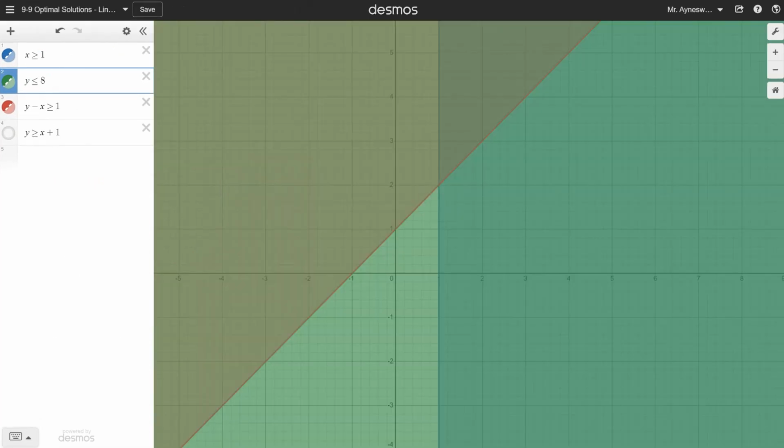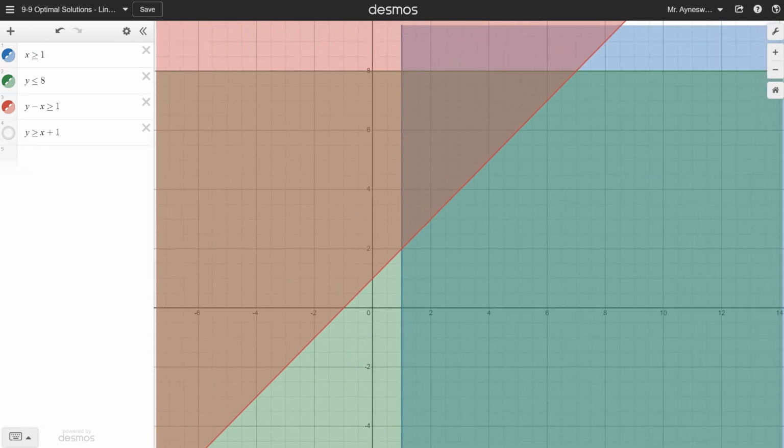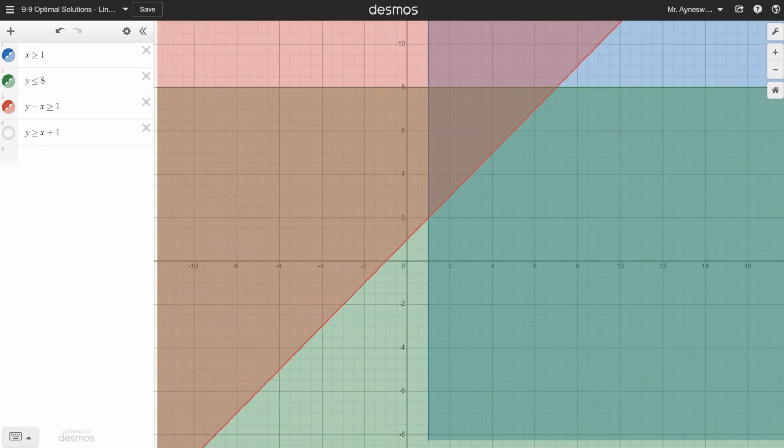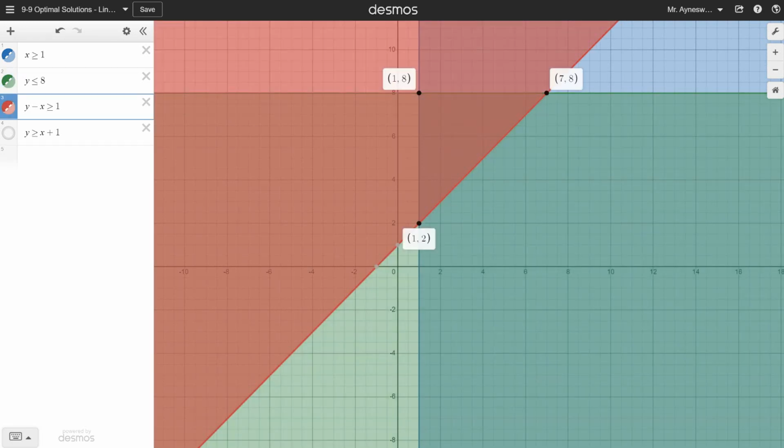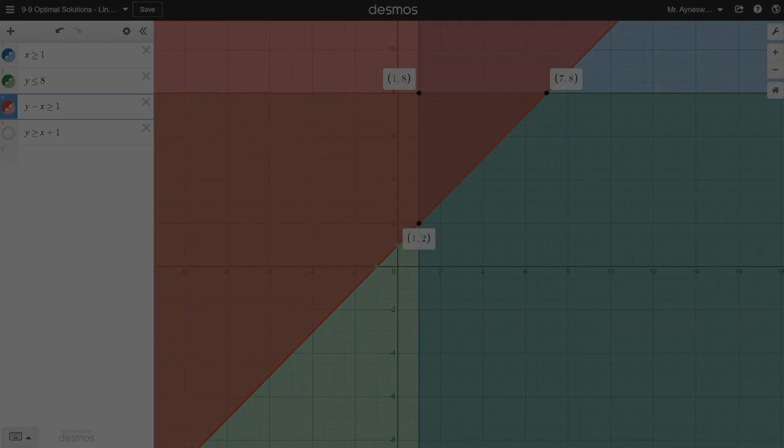So let me grab this in so I can bring this in. There we go. Let me decrease that. There we go. So let me highlight the corner points of the feasible region here, which are these three vertices right here. And let me bring this into the lesson.